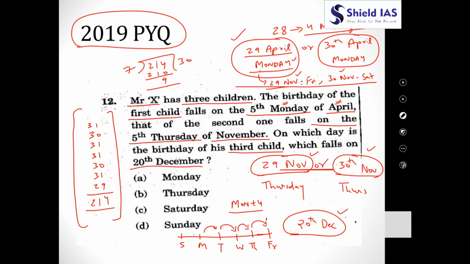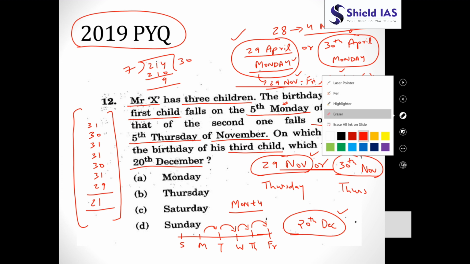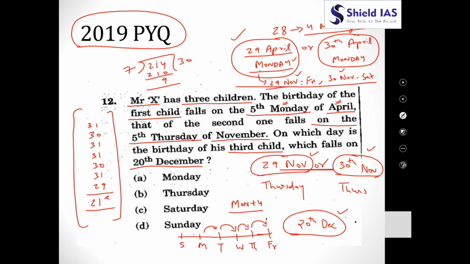Here instead of 4, it would come out to be this. Then 213 divided by 7 would have been remainder 3, and we all know Monday plus 3 is Thursday.